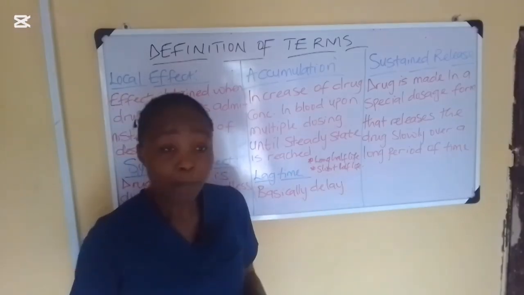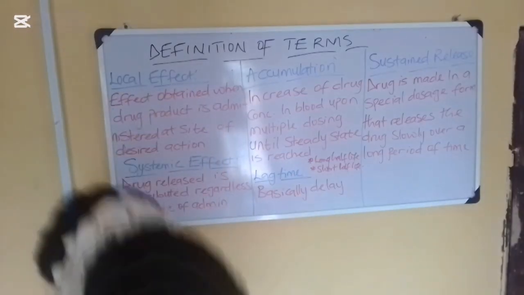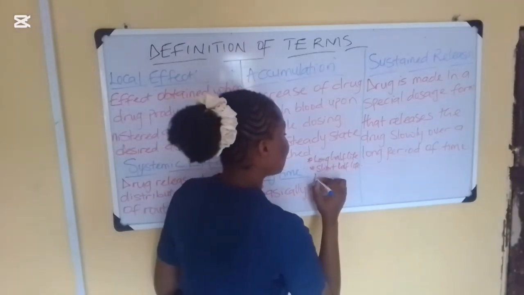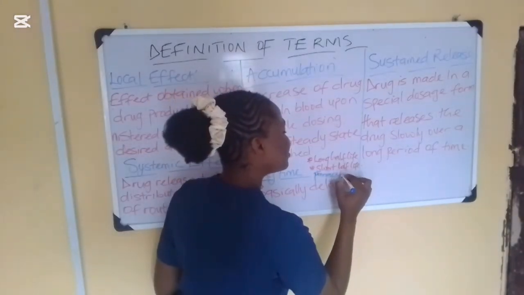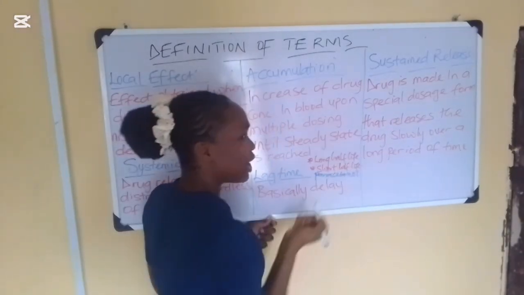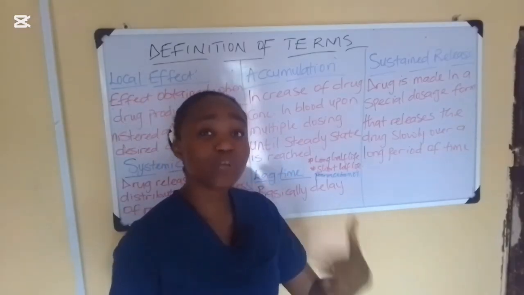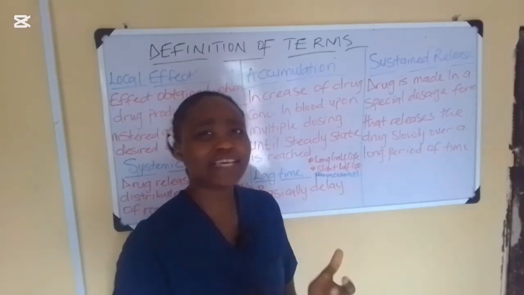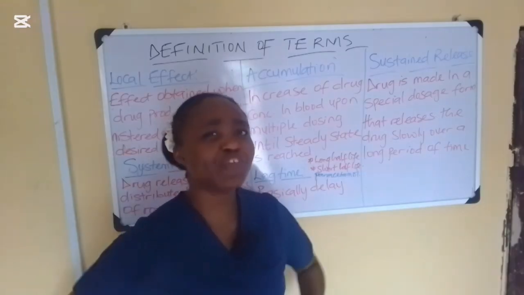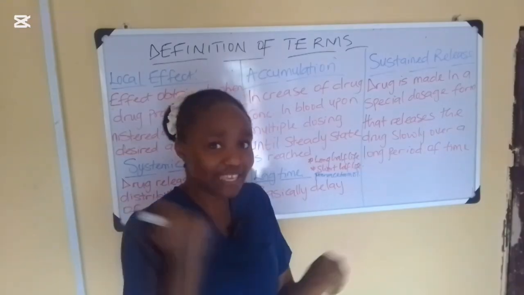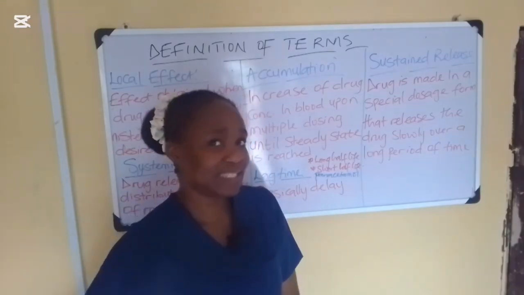For example, paracetamol. If I should get paracetamol or Tylenol, you don't exactly need a priming dose because it has a short half-life. Drugs with short half-life are likely to reach their target immediately without needing to, first of all, jumpstart the dose, then continue with maintenance doses.